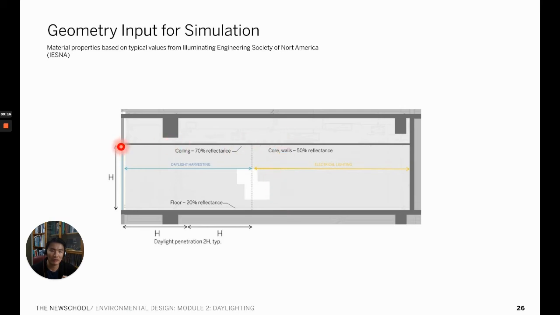Therefore, the ceiling is generally set to be 70% reflectance, and the floors are typically 20%, and wall materials are around 40 to 50%. The software's general setting is selected as a default based on these typical assumptions, but still you can control these values based on your design choice.